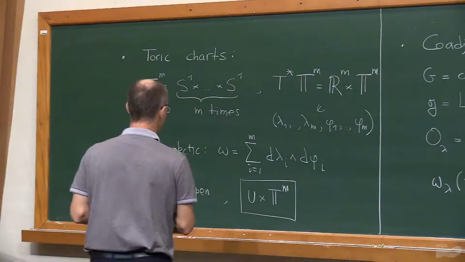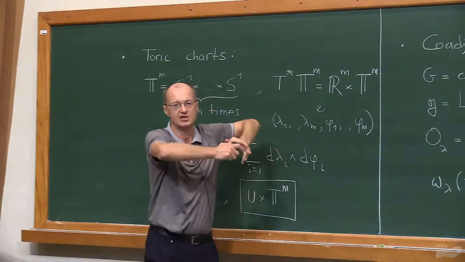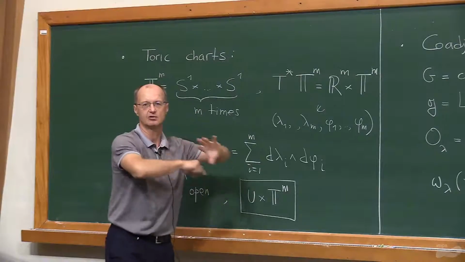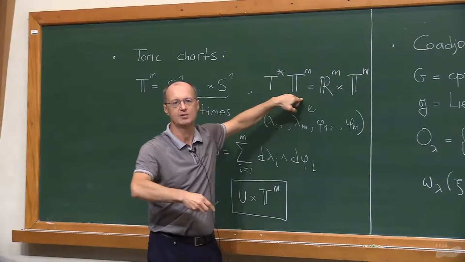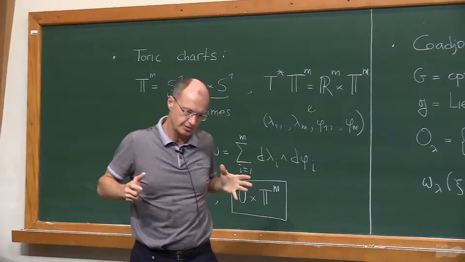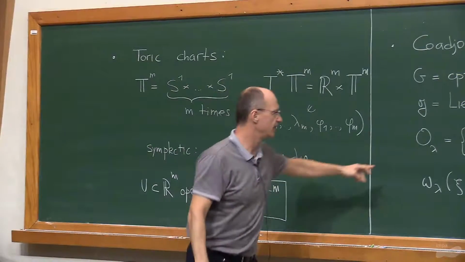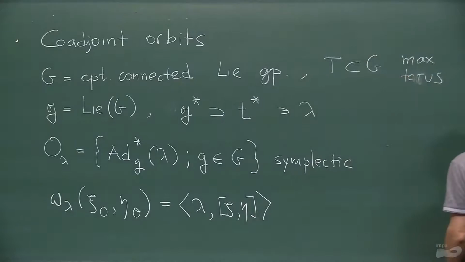Now, those toric charts, I don't know how one can imagine them. These are those U's, some kind of cylindrical objects. You have this torus times a piece of R^m, and you want to symplectically fit such a chart inside a coadjoint orbit.